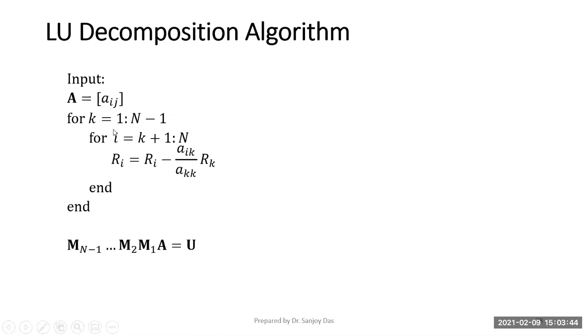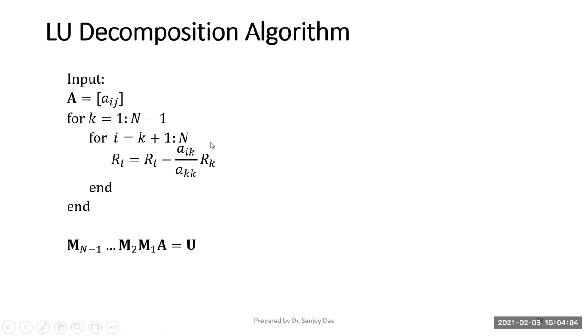All we are doing is the row operations, right? And these row operations are equivalent to pre-multiplication with a matrix, right? But are we actually keeping track of the matrices? No, we are not, right?